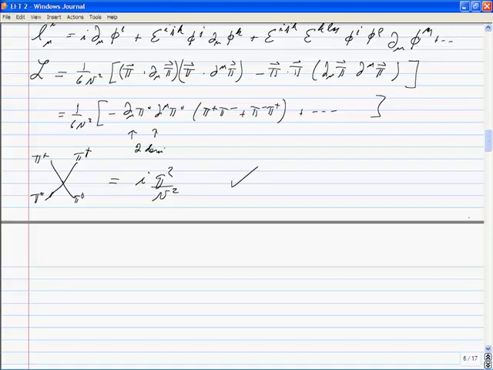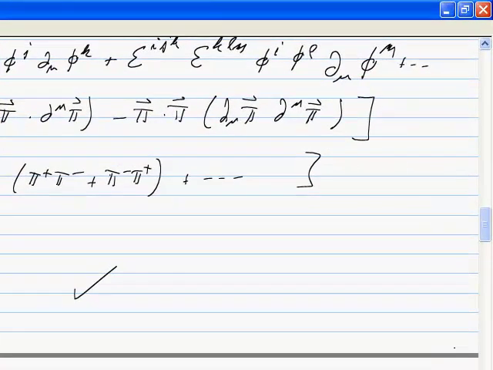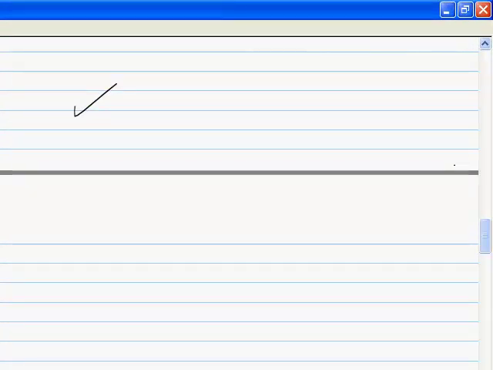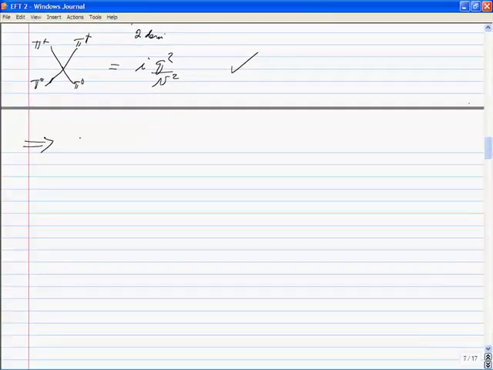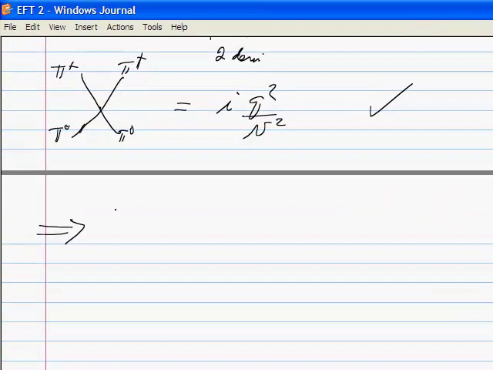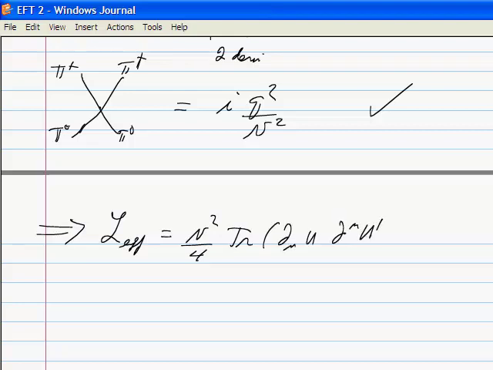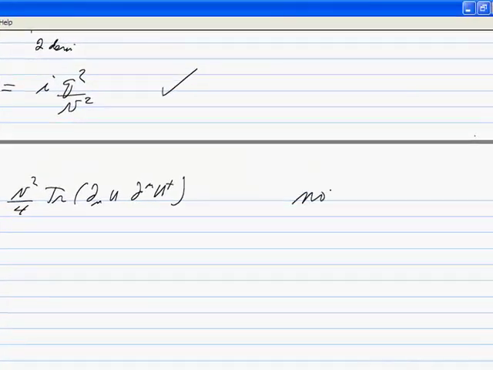That part's not the surprise, I guess. Okay, but what we've seen is that you can reproduce the same first order result with L effective equals v squared over 4 trace d mu u dagger. So the sigmas have been removed completely. So that's our effective Lagrangian.